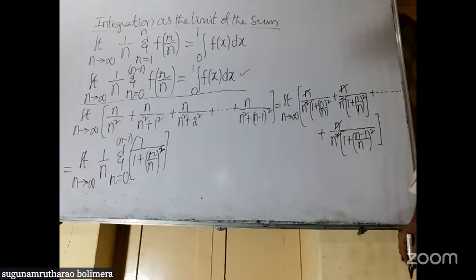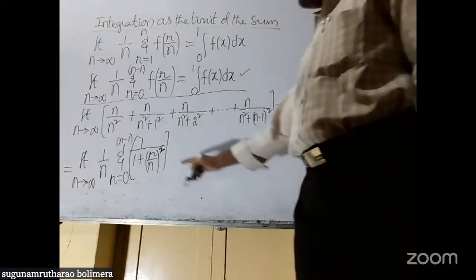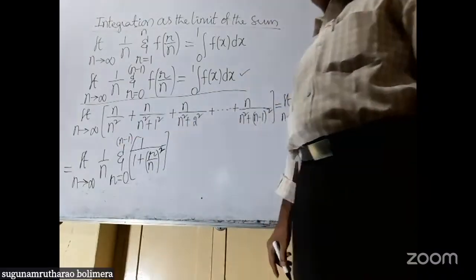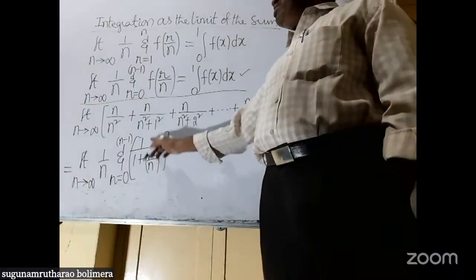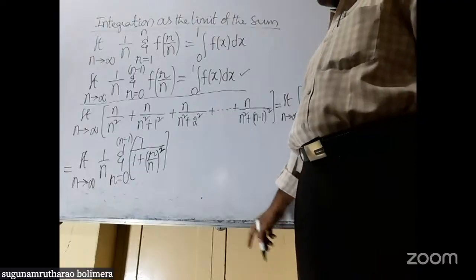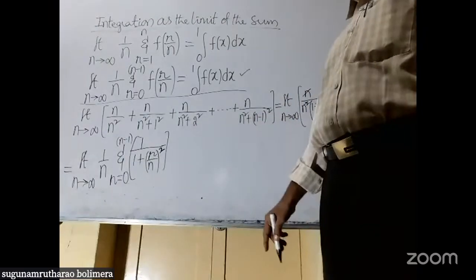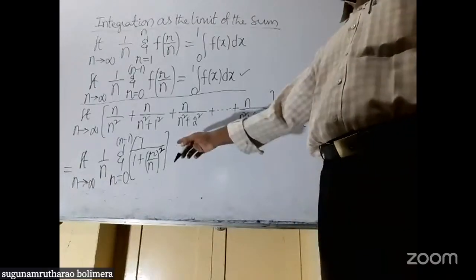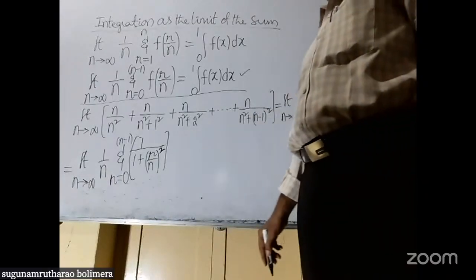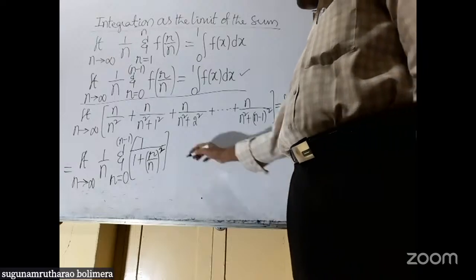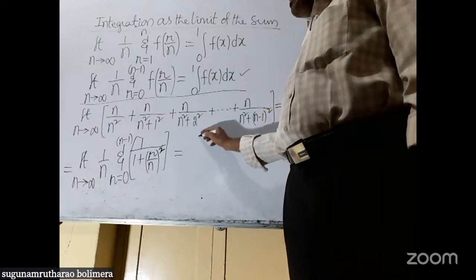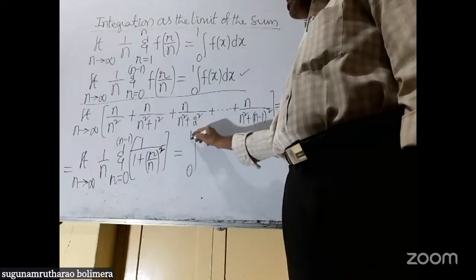If you put r equal to 0, you're getting the first term. r equal to 1, you're getting the second. r equal to 2, the third one. r equal to n minus 1, that last one. So this is the thing that we had. Now this you can write as the integral from 0 to 1.